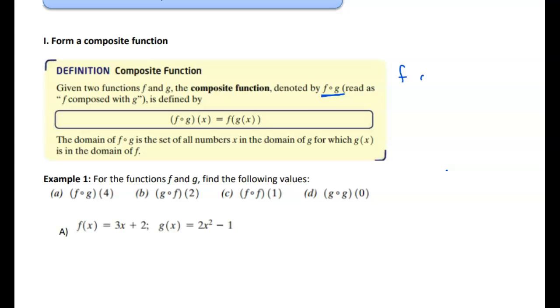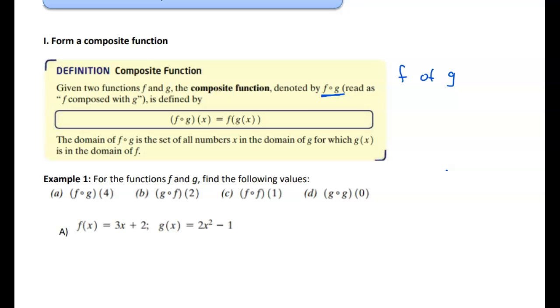That little o stands for "composed with," so it means f composed with g, and it's defined as f of g of x. Basically, to compose two functions, you plug one function into the other one and you simplify. It's doing two functions in sequence.